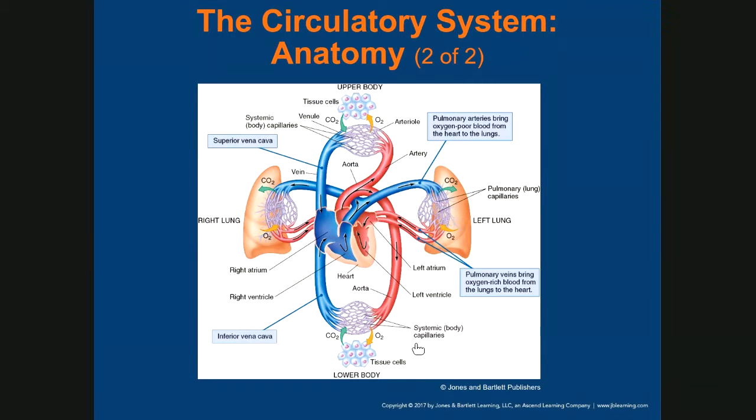It's going to be bigger in males than it is in females. The purpose of the heart muscle is to receive and distribute blood. The upper chambers of the heart are responsible for receiving blood. The lower chambers of the heart are responsible for distributing that blood.